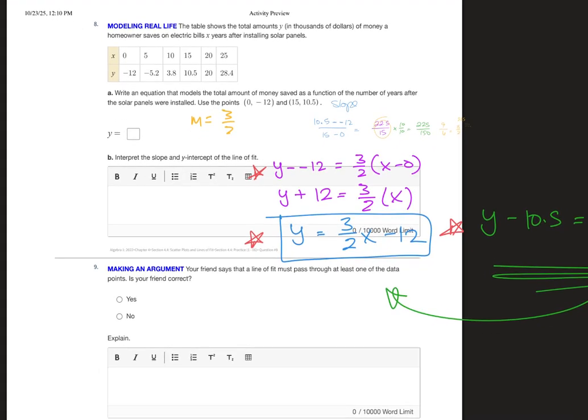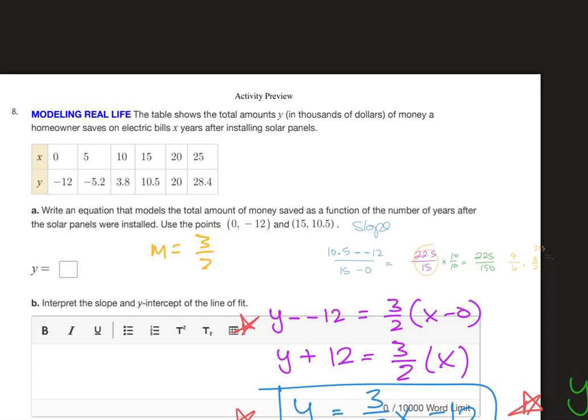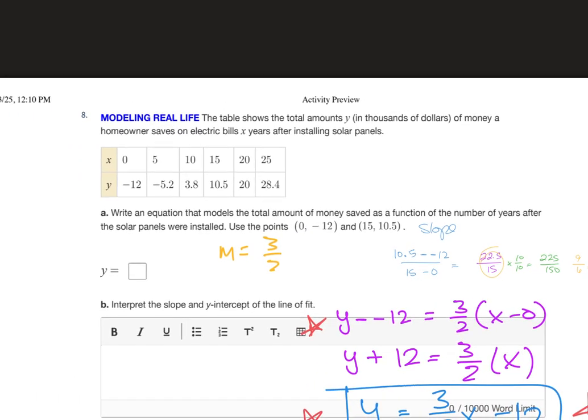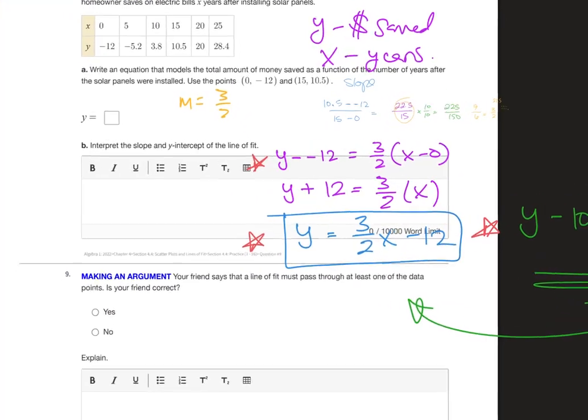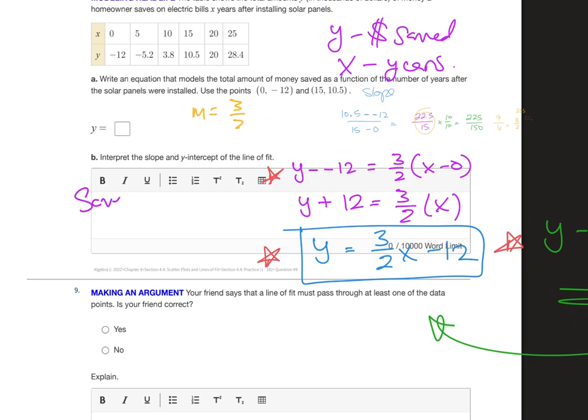Then it says, interpret the slope and y-intercept of the line of fit. If you didn't know, that's what we were just finding, the line of fit. So what does all that mean? Based off of this info, y is the total money saved, and x is years after installing. So it would appear that you save $3,000 every 2 years.